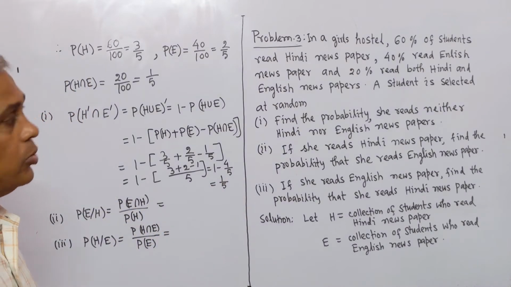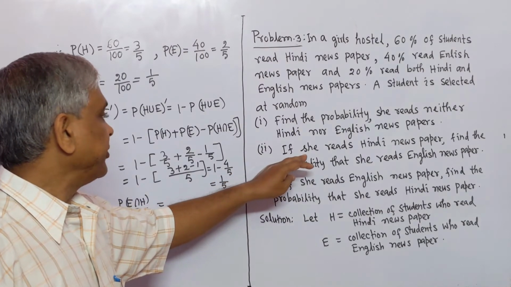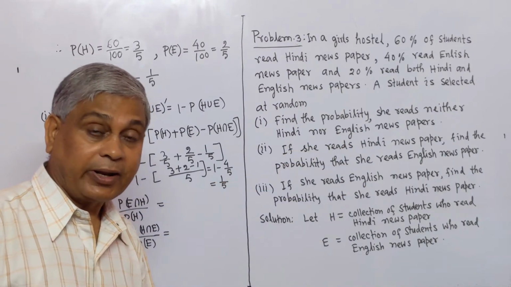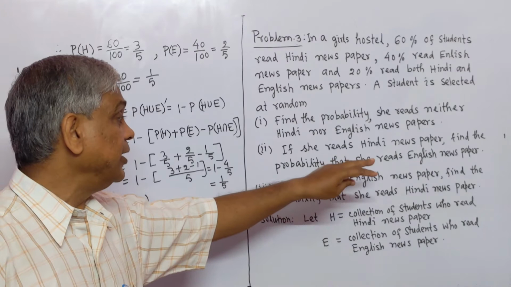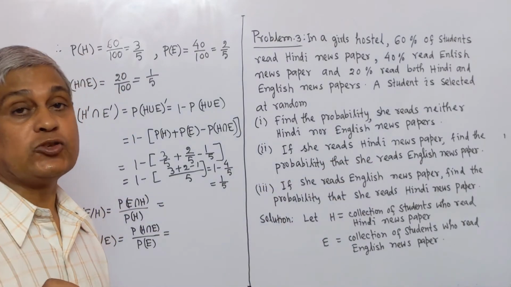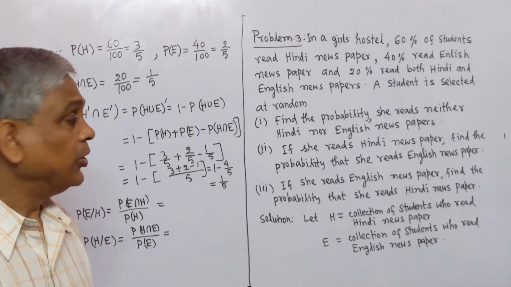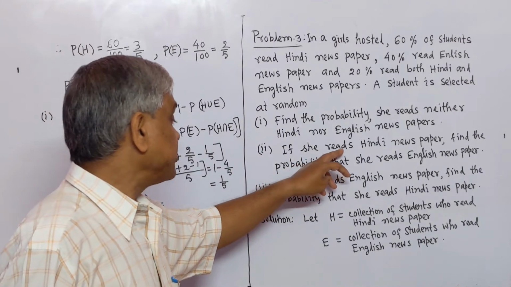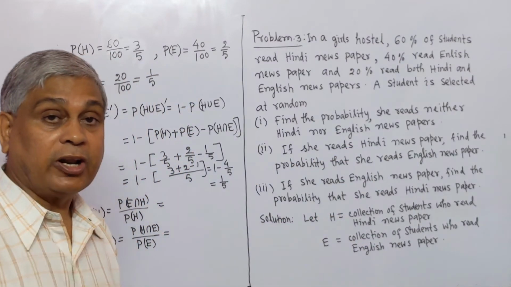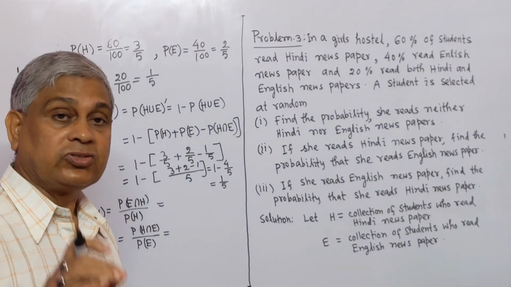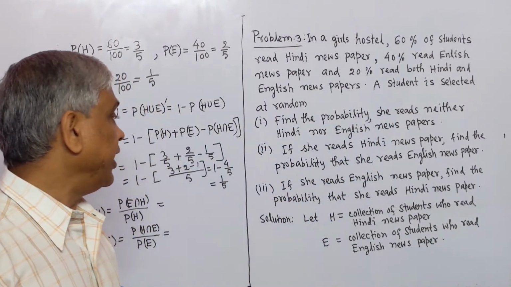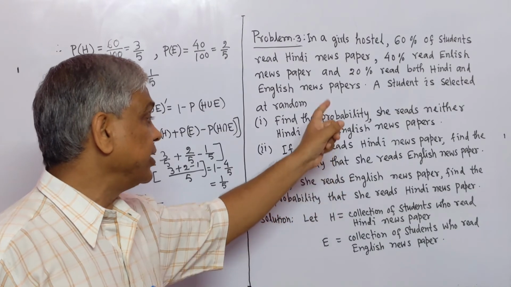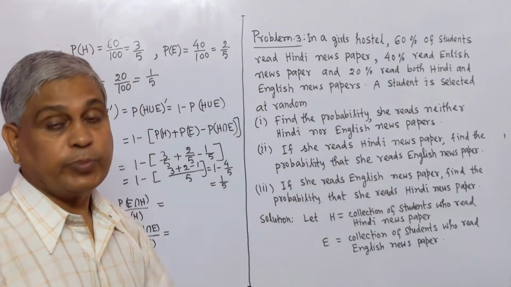And this is equal to 1 by 5. Number 2. If she reads Hindi newspaper, find the probability that she reads English newspaper. This is the case for conditional probability. Means it is already known that she reads Hindi newspaper, and we have to find the probability that she reads English newspaper.